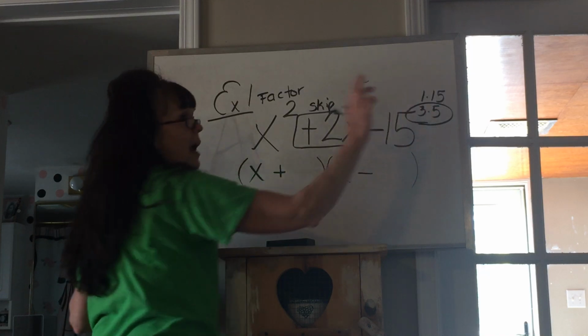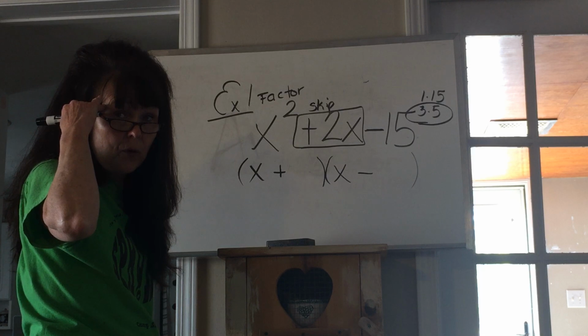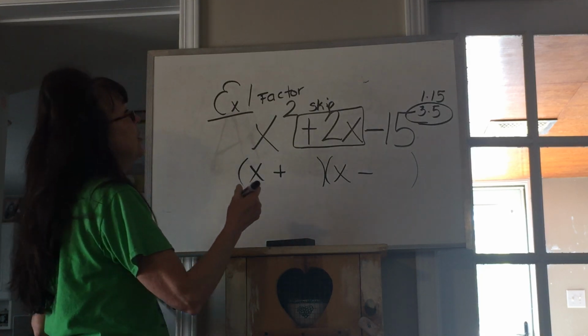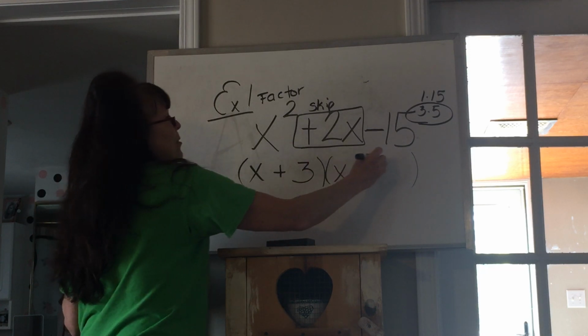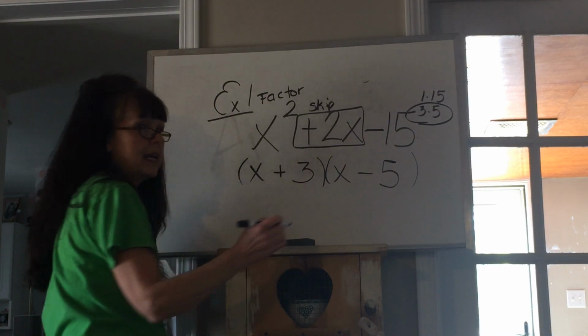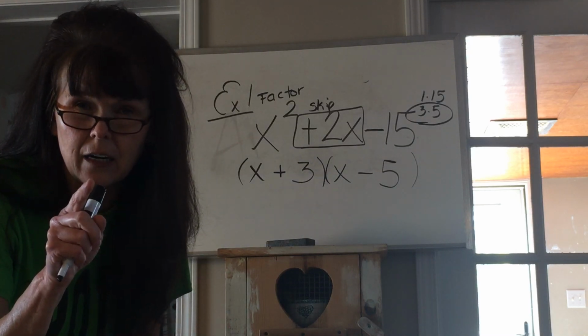Well, when you subtract a 5 and a 3, it's going to give you a 2. So I'm going to put the 3 here first, and the 5 here second. You don't know if that worked or not until you check it.